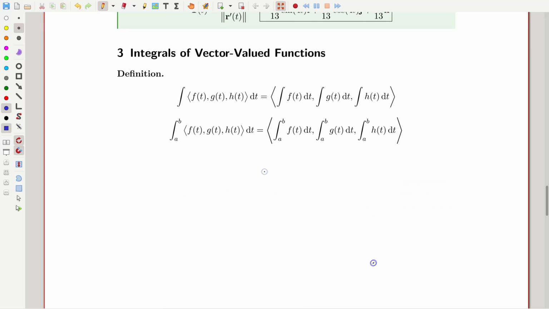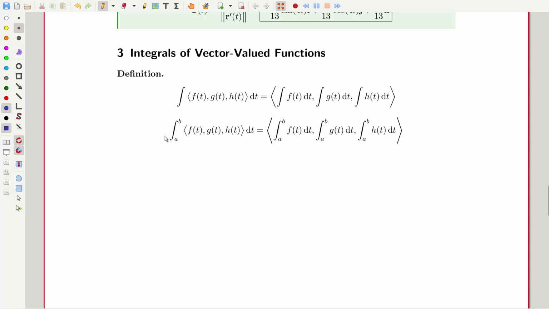Now, integrals. So integrals behave the way you would expect. Just like derivatives, you can pass the integral through each of the component functions of your vector valued function. So you just integrate each of the component functions, whether you're talking about a definite integral or an indefinite integral. It works the same way.